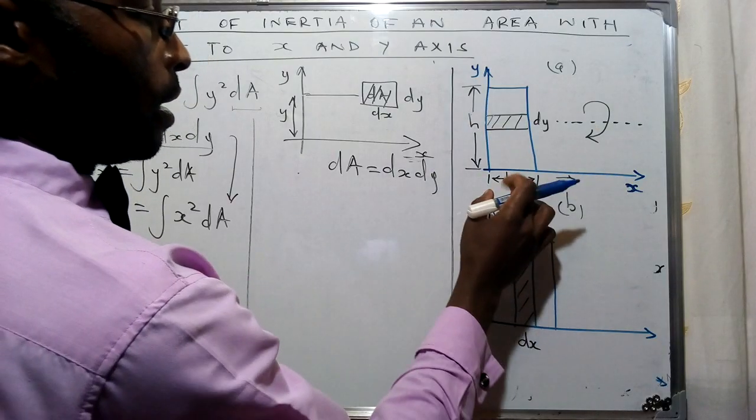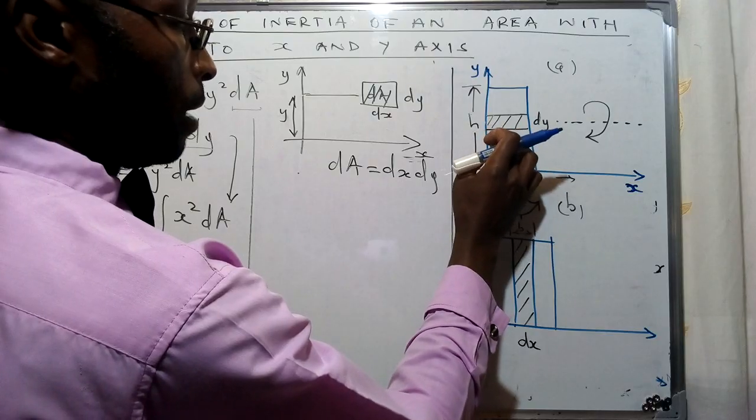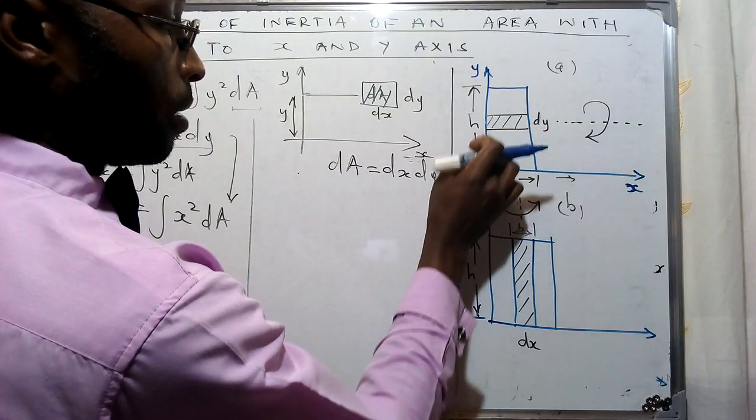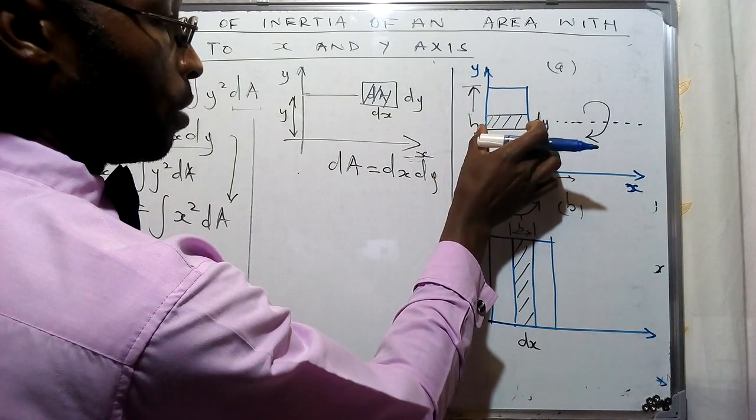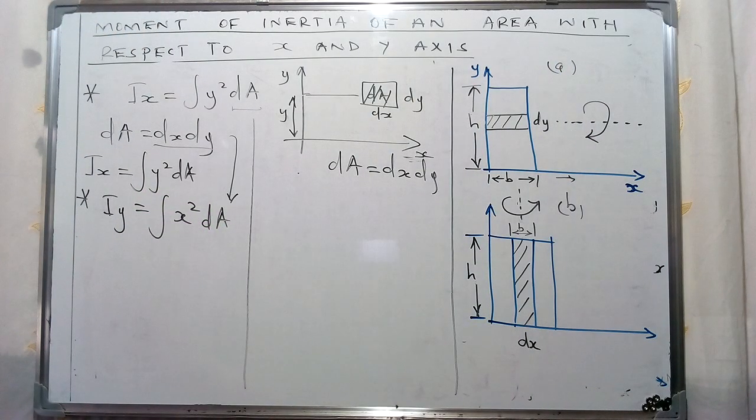So this is going to be the area, the product of b dy, which is the difference between this initial point and this one, and therefore the shaded part is going to be the strip of reference which we're going to choose.